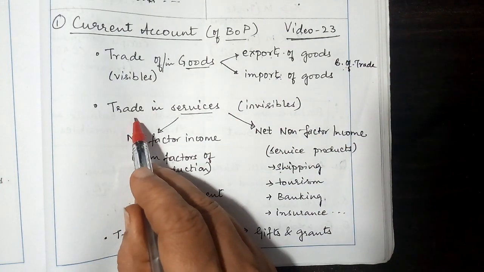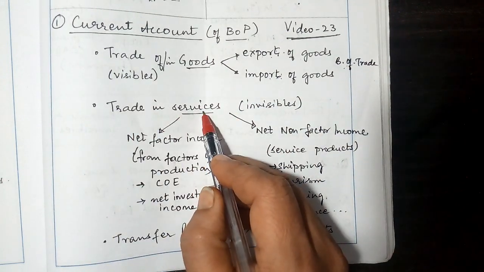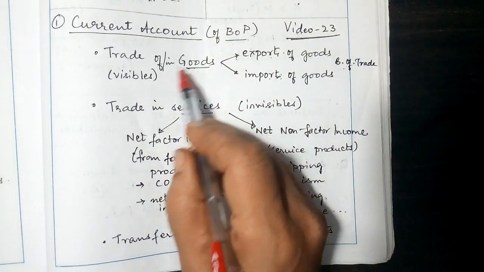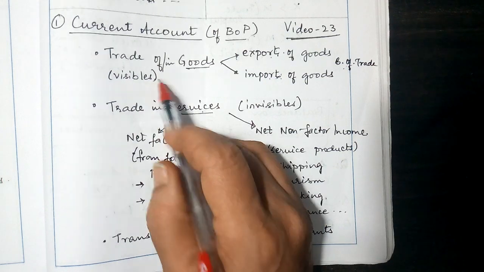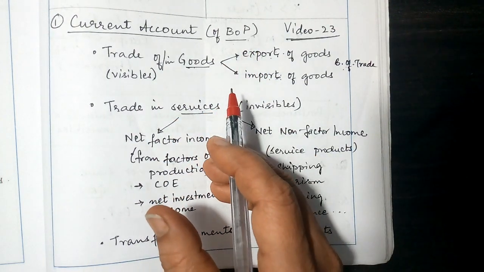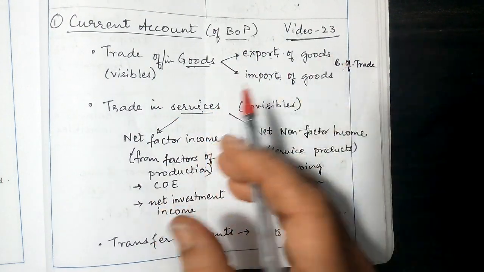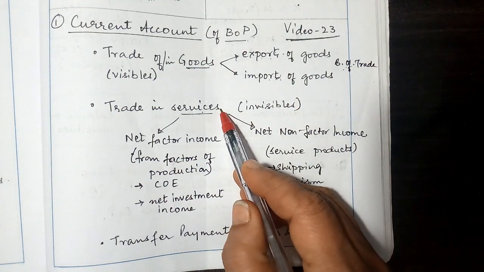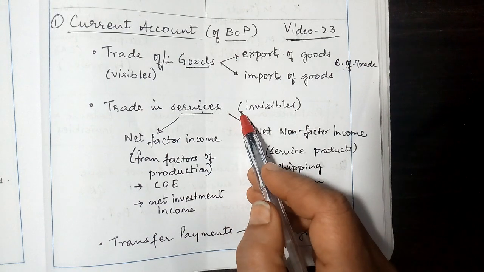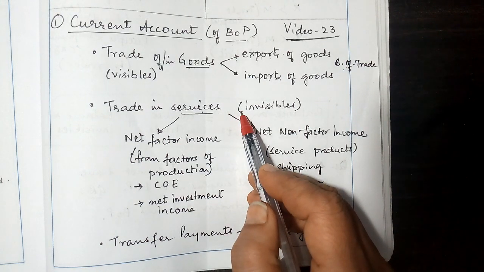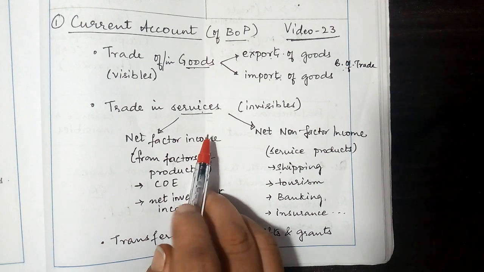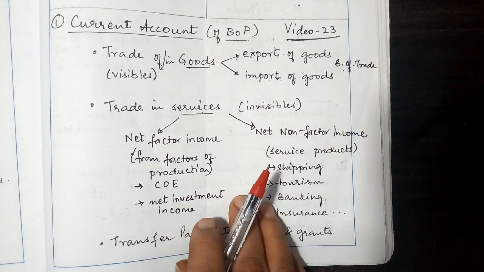The next one is trade in services. Now these are invisible items. Goods are visible items. That means the physical movement of the goods in and out of the country. Whereas services are not physical, they are intangible. Hence they are invisible goods. So trade in services is also called balance on invisibles.